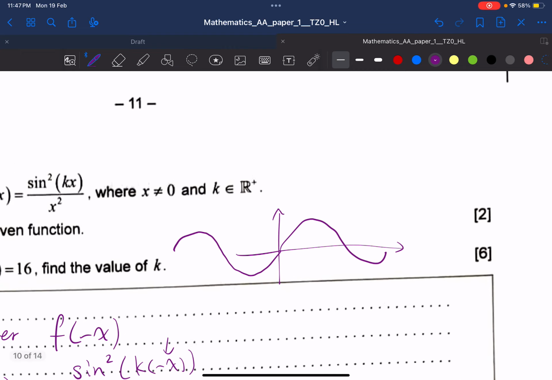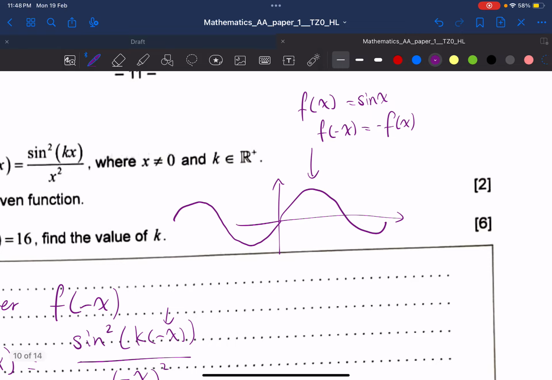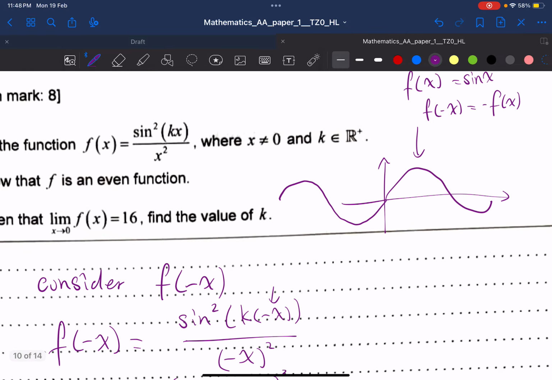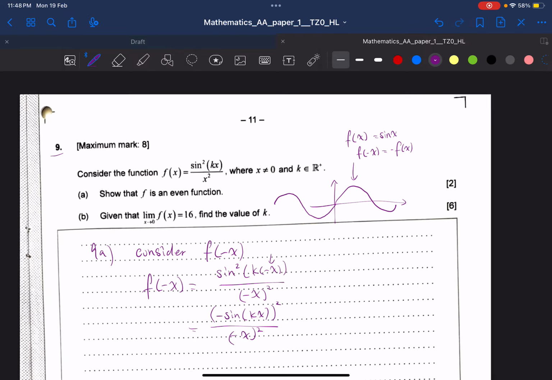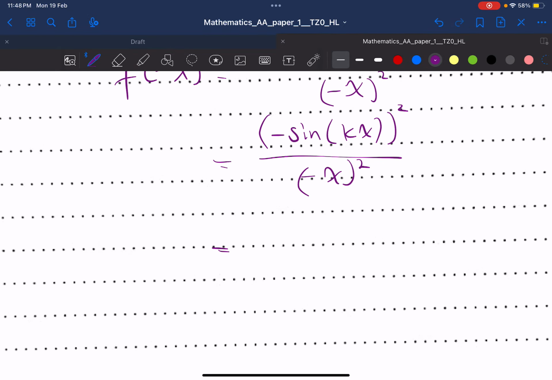Sine is what we call an odd function. So let's say f of x is sine, then f of negative x would be negative f of x, like this. So if it's negative inside, then it will be the same as negative outside as well. So therefore we have this. Negative, negative, or negative squared, will be just positive anyway.